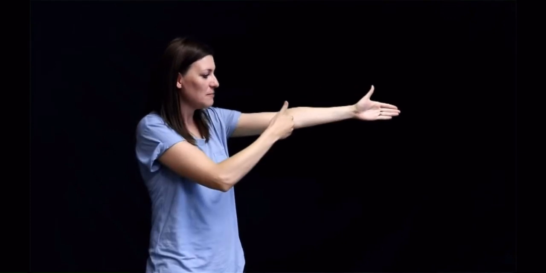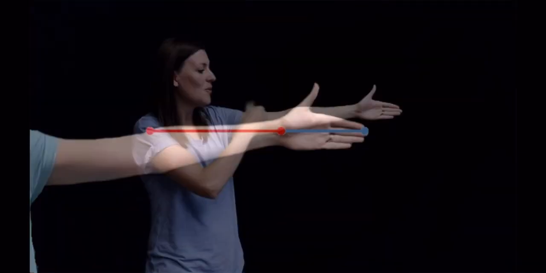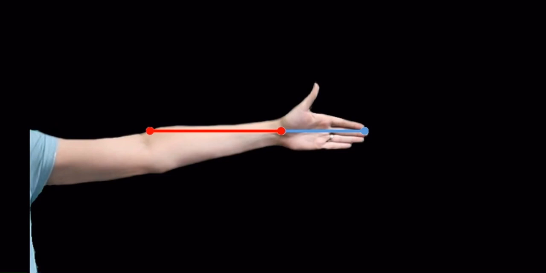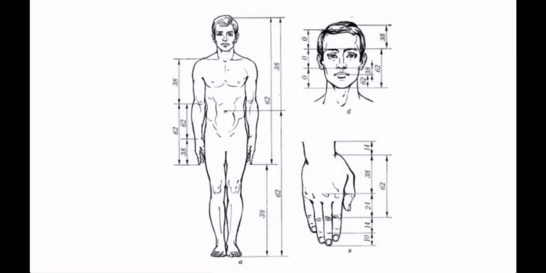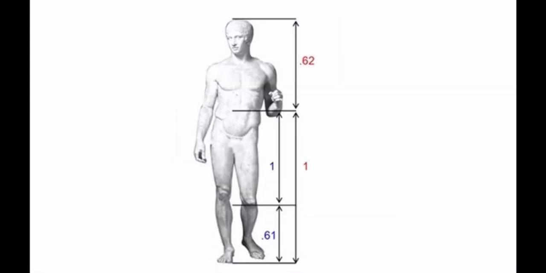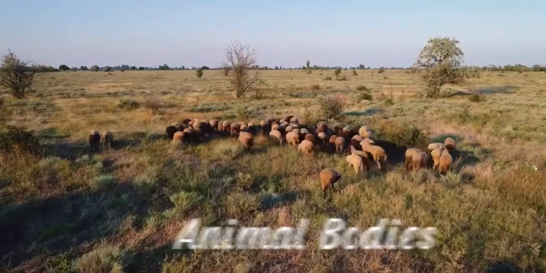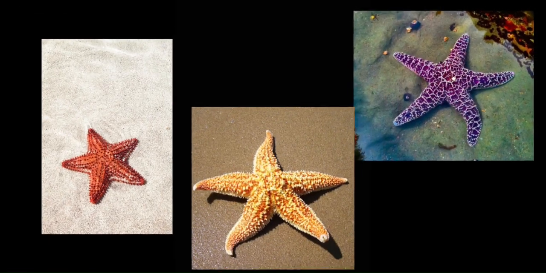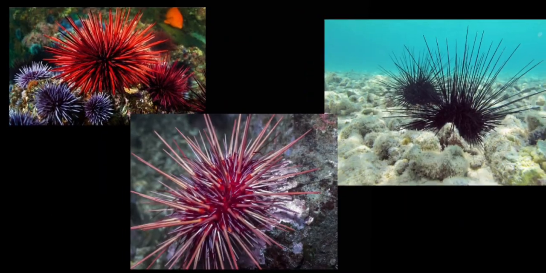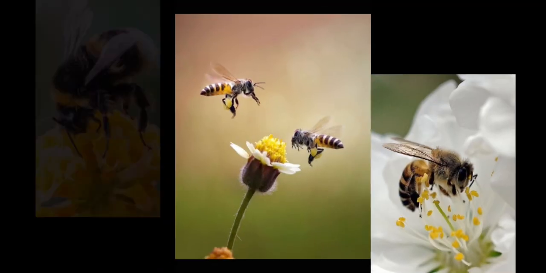Even our bodies exhibit proportions that are consistent with Fibonacci numbers. For example, the measurement from the navel to the floor and the top of the head to the navel is the golden ratio. Animal bodies exhibit similar tendencies, including dolphins, starfish, sand dollars, sea urchins, ants, and honeybees.